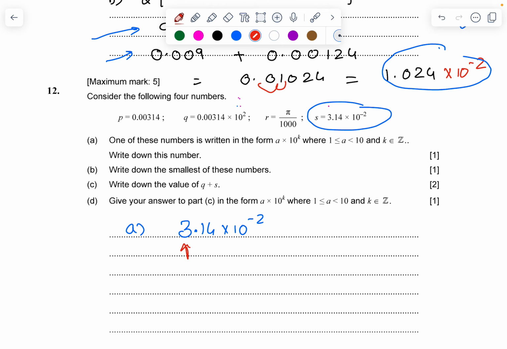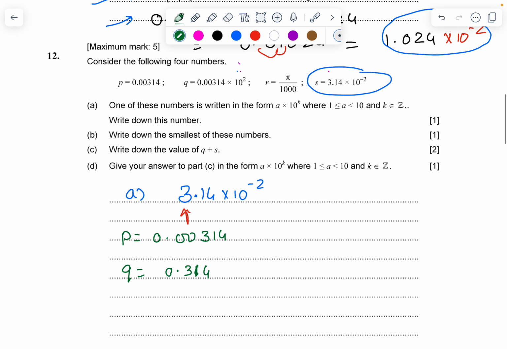So first of all, what is P? P is 0.00314. And what is Q? Q is 0.314, because I'm multiplying with 10 to the power 2. And pi divided by 1000, pi is 3.14 divided by 1000, which is going to be R, is 0.00314 again. Then S is going to be 0.0314.